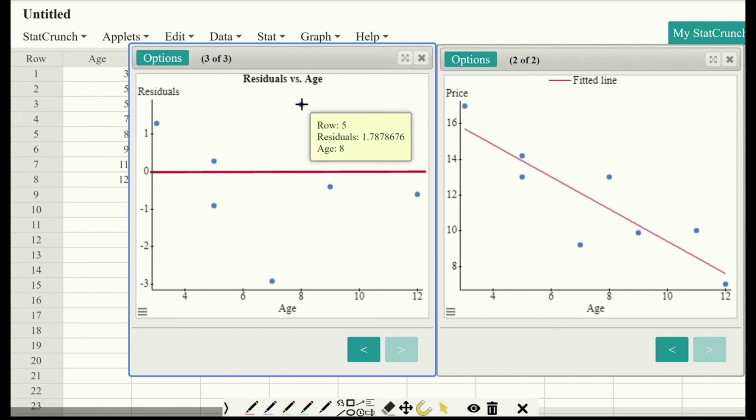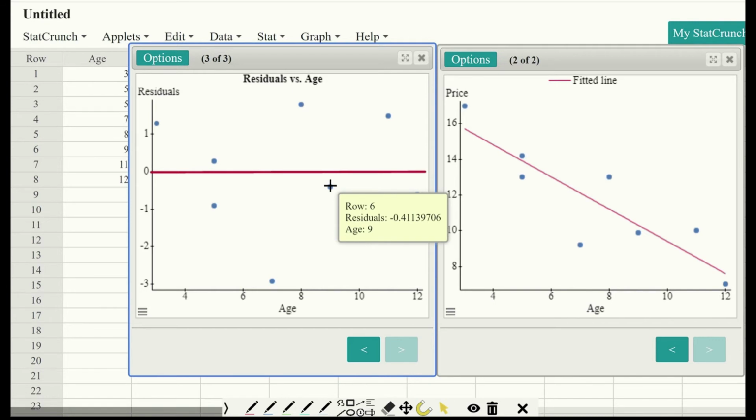So 1.78 thousand above what the model predicted, right? That was the asking price for that one. Next we have this one, right? A 9-year-old car, right? Selling just below what the model predicted, right? But not much. So we expect that residual not to be very large, right? See that? The residual is negative 0.4 thousand, right? Etc. So now you see what we mean by a residual plot, right?